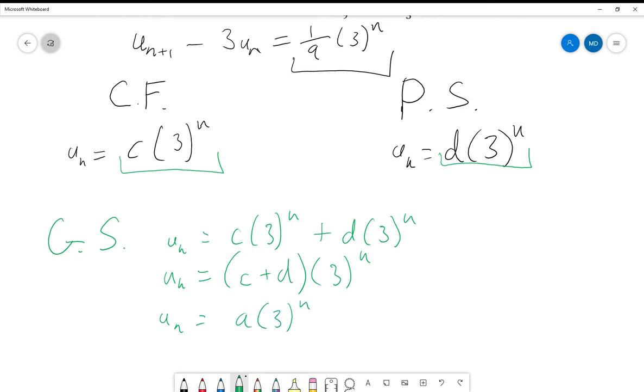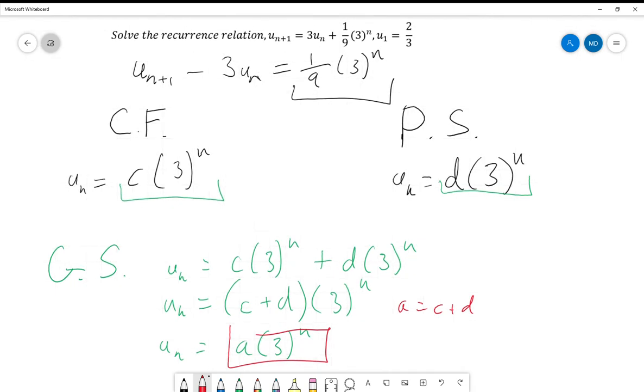And now, what we can see from this is it looks exactly like just either of the complementary function or particular solution. Obviously here we've got a equals c plus d, but ultimately a is just a number. And this makes one of them redundant, so we're losing a bit of information there. And what we'll find is that this doesn't work.